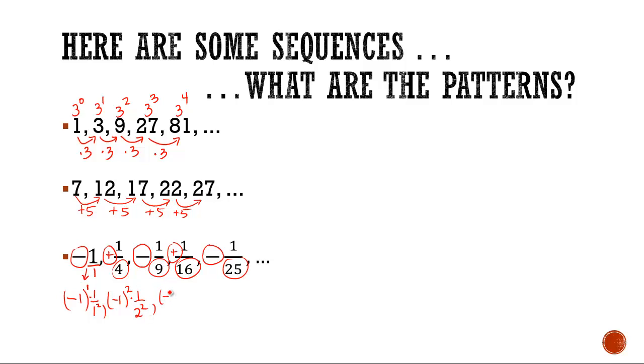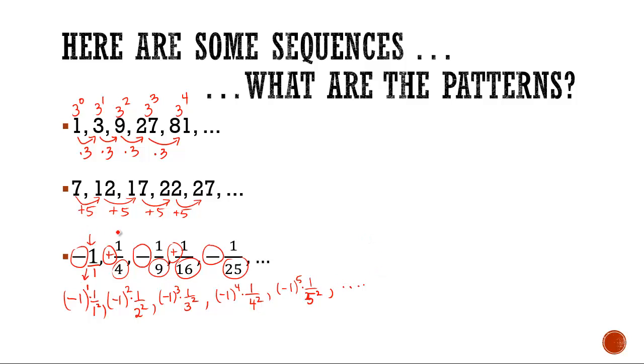Here we've got -1 to the power of 3 times 1 over 3 squared. -1 to the 4 times 1 over 4 squared. And so on.